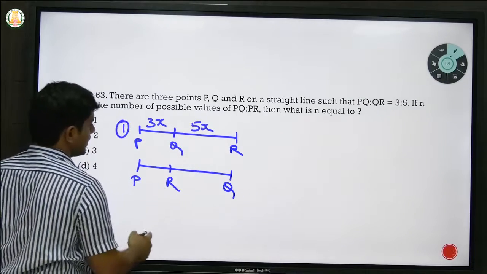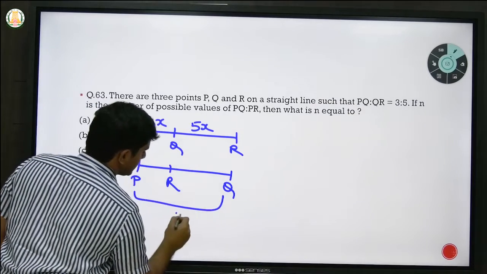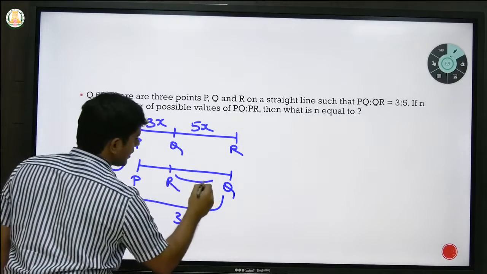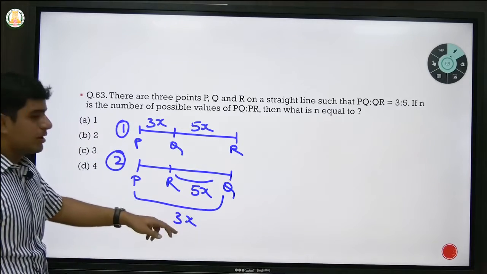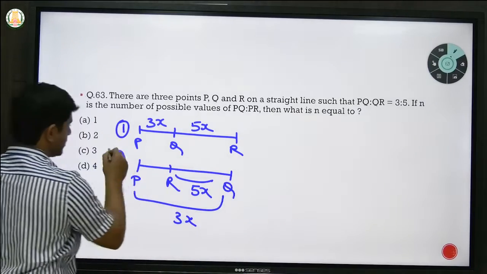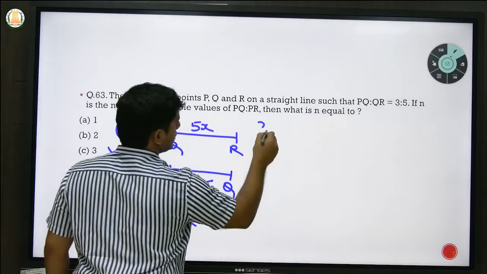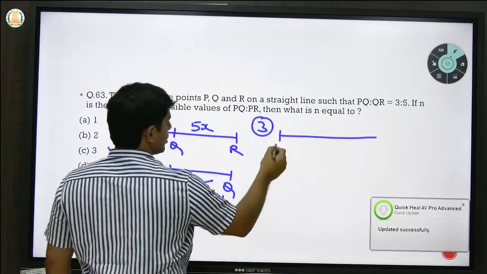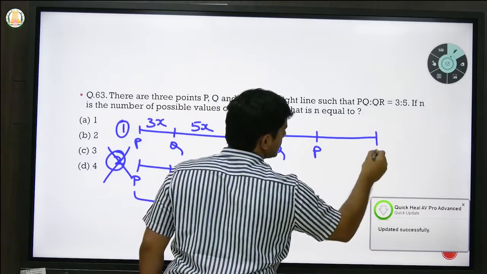Now in the second case, let's say PQ is 3x and QR is 5x. But if you carefully observe, this is not possible because this is bigger than this. So you can cancel off this case. So you go for the next case where your Q is here, your P is here and your R is here.